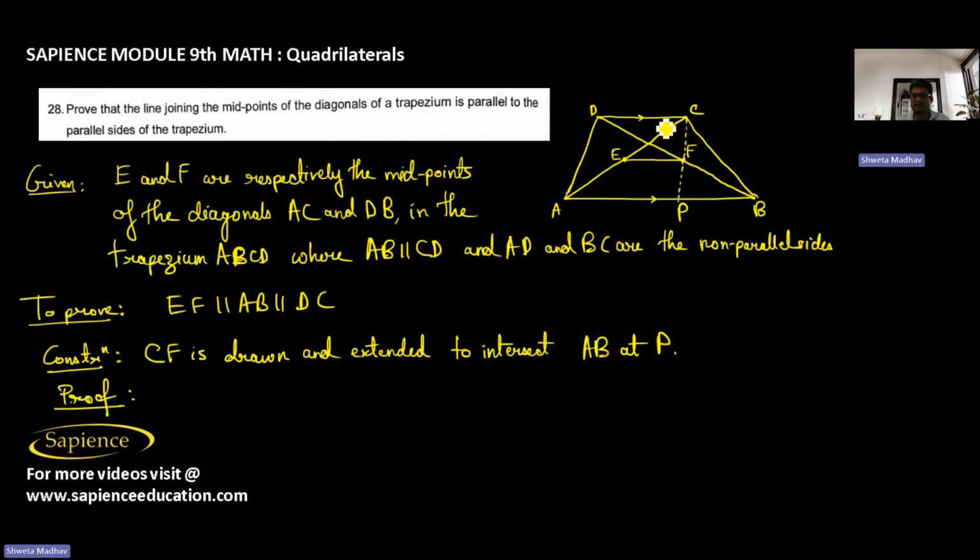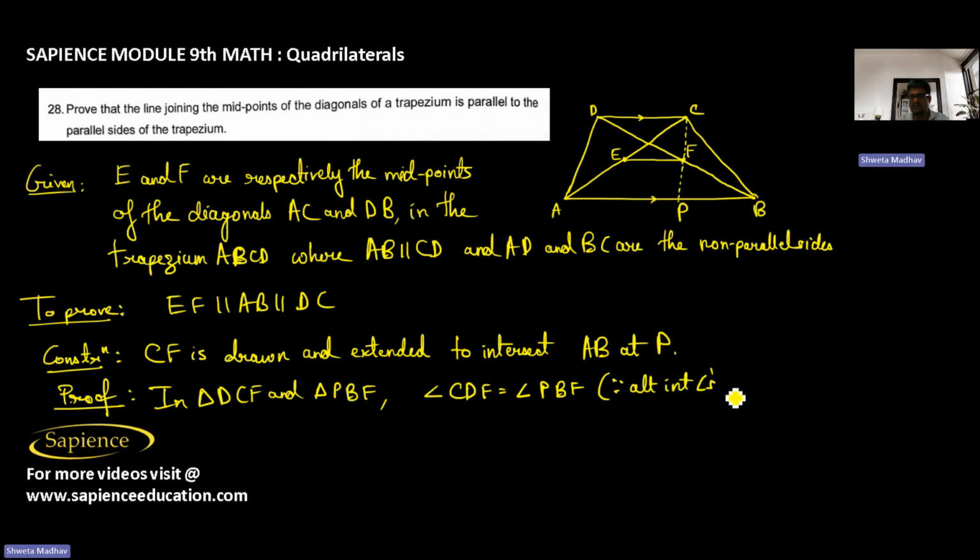First we have to take triangle DCF and triangle PBF. Now in triangle DCF and triangle PBF, you can see that angle CDF is equal to angle PBF, since alternate interior angles are equal, as it is given that DC is parallel to AB.